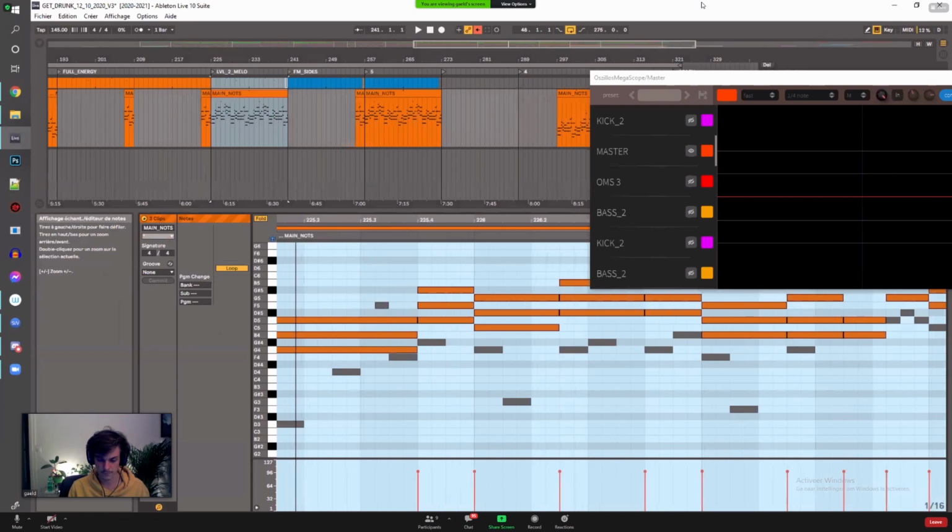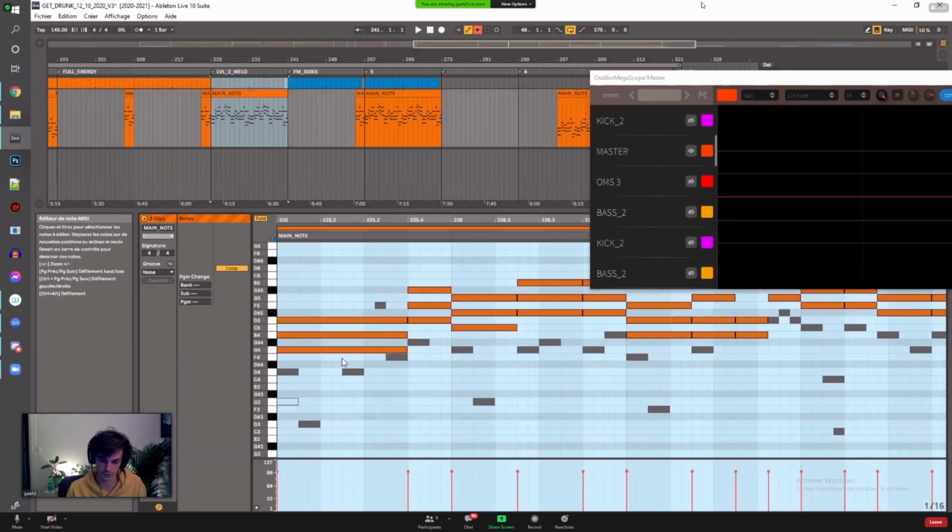So if I were to play my melody on the root note of the chord, I would play mostly G. But in this case, I play mostly D, then G sharp, then G, and I follow the upper note of the chord.